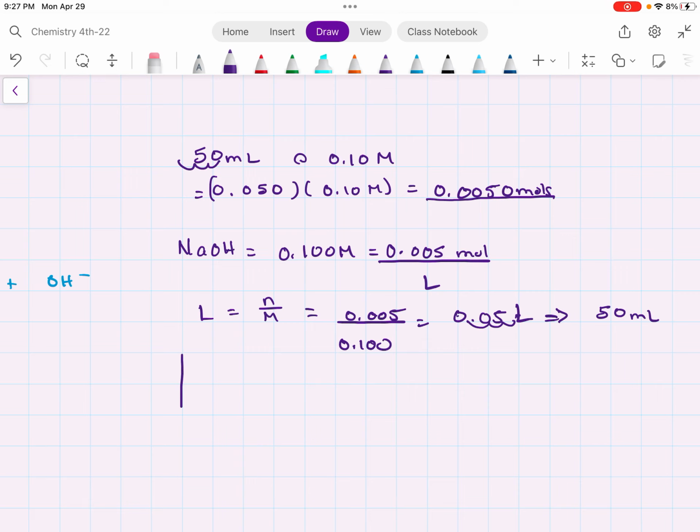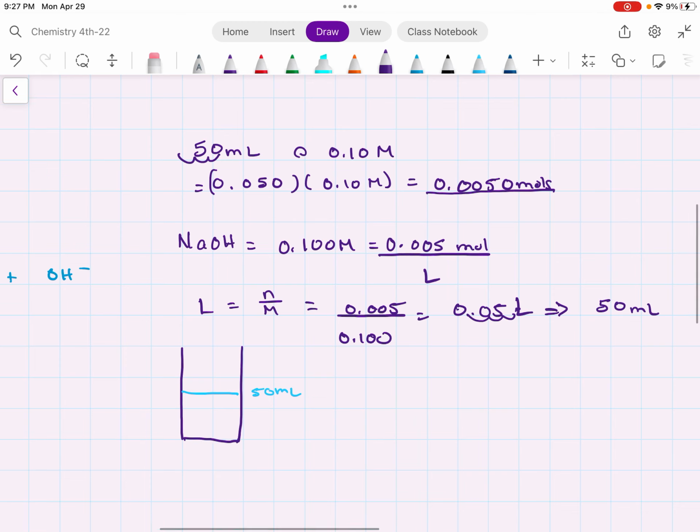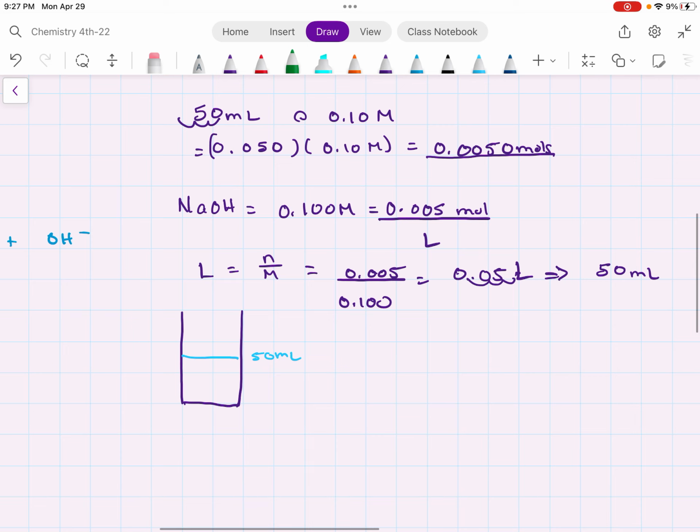So if I have my analyte here with an initial volume of 50 mLs, and then I add 50 more mLs of the NaOH to reach the equivalence point, now I'm sitting at 100 mLs of total solution, right?